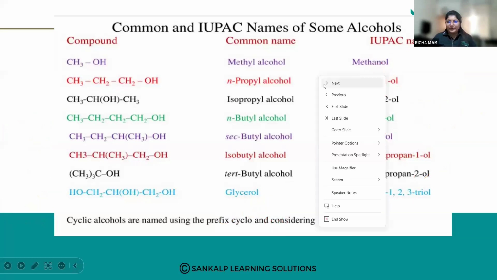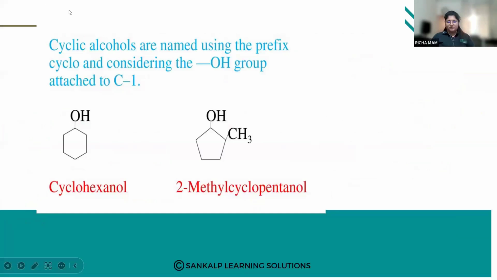Moving further, when we have cyclic compounds, we have to use the prefix cyclo, and you have to consider the OH group attached to carbon 1. This is cyclohexanol. Why hexanol? Because 1, 2, 3, 4, 5 and 6.